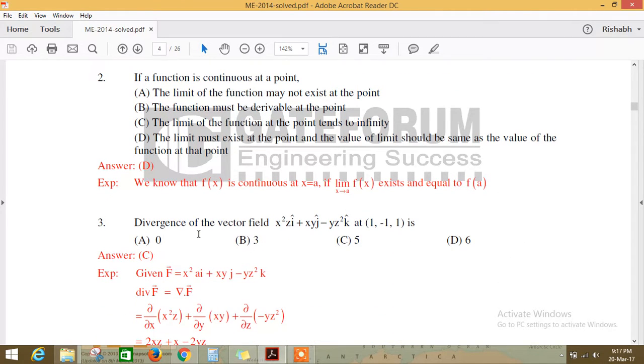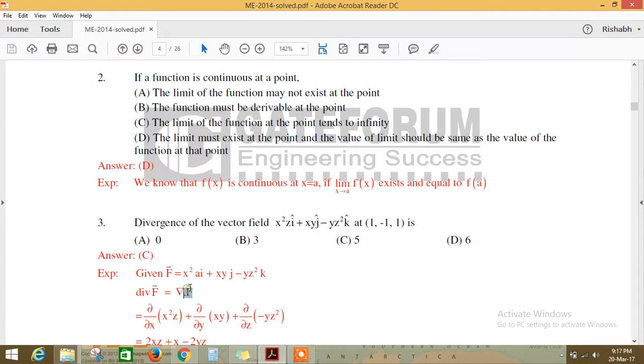Now the third question is also a direct question. You have to find out the divergence of this vector field. If you remember, the divergence of a vector field, which is also used in fluid mechanics, is del dot F vector.